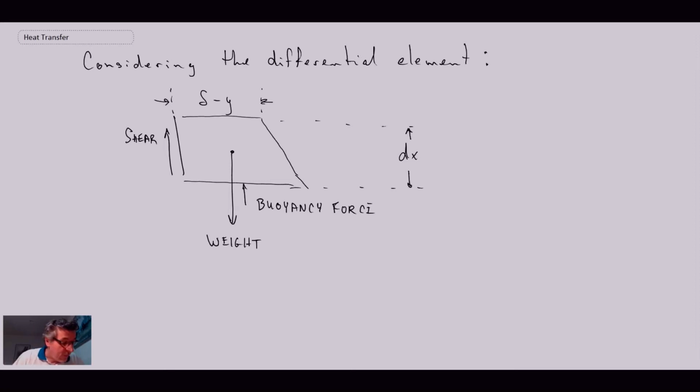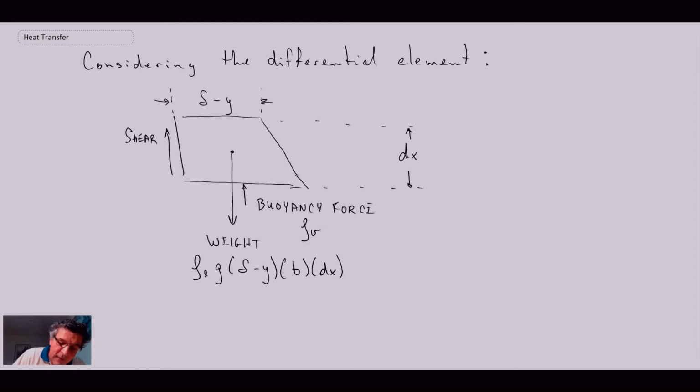There are a number of different forces acting on the element. To begin with, we have the weight of the element, which could be characterized by the density of the liquid multiplied by the volume. We have delta minus y being the thickness of this little differential element, the unit width b, and then dx being our vertical. And that was the weight.